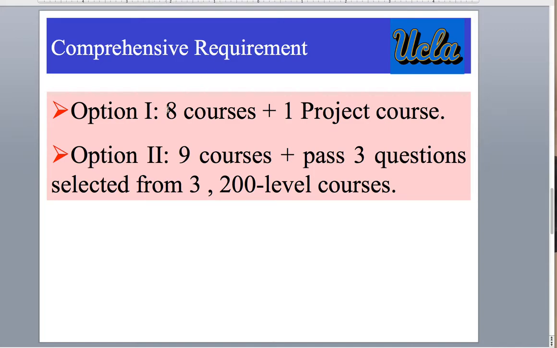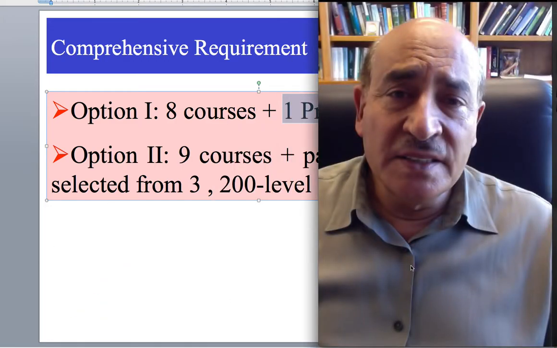As far as the comprehensive, we have 2 options. Option 1 is that you take 8 courses, and then one project course. For that project course you enroll with any advisor that you want, and the project will be by mutual agreement between you and the advisor.